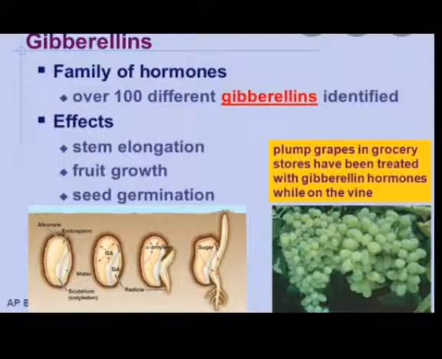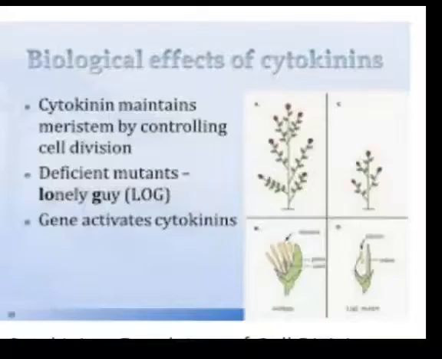These hormones are responsible for the cell growth in the stem, seed germination, and flowering. Next one is cytokinins. It promotes cell division in plants. It also promotes the opening of the stomata and delays aging in leaves.